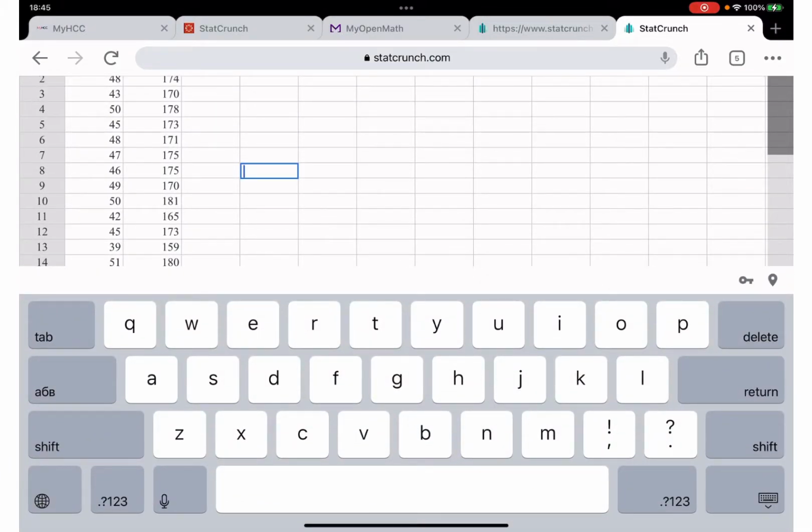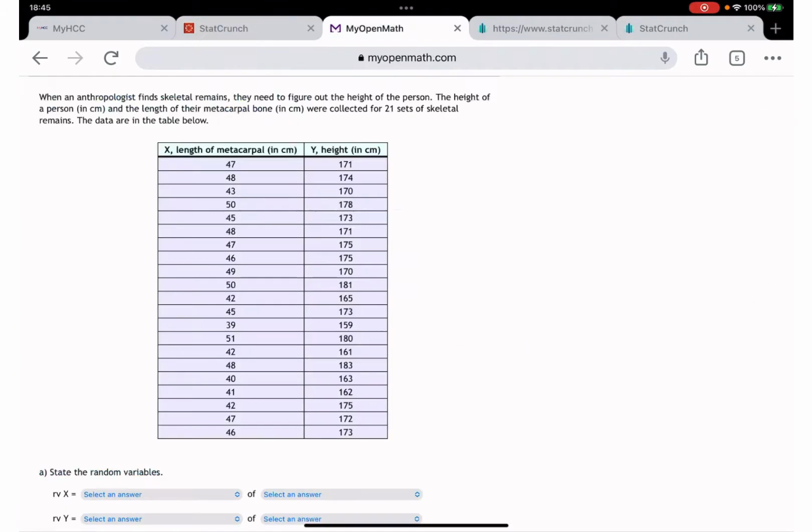Now, when you copy, just don't highlight the X and Y labels also. Highlight only the data.